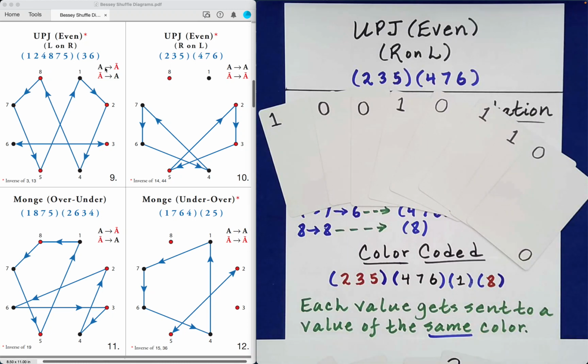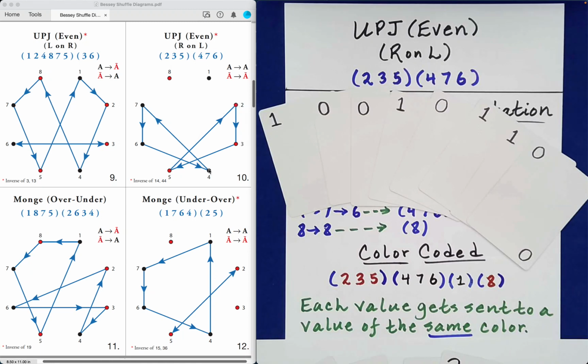And if we look at our graph here, top row on the right, this is the Bessey Shuffle diagram that goes with an even up jog in which we stack the right pile on top of the left. We can see our fixed points right here, 1 and 8, they don't go anywhere. And then 2, as we can see here, gets sent to 3, 3 gets sent to 5, 5 gets sent back to 2.